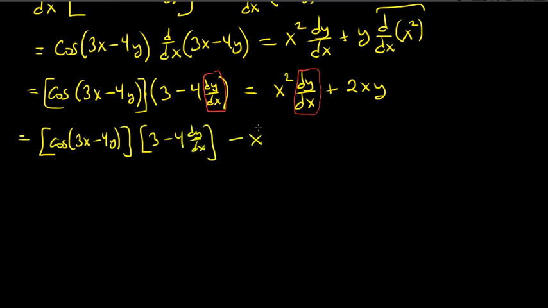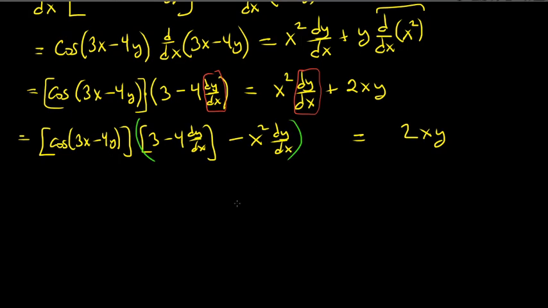So minus x squared times the derivative of y, and all of that is equal to just 2xy on the right. So we'll leave that on the right. But here's the issue: we can't divide by cosine of 3x minus 4y because it's not a factor of both.